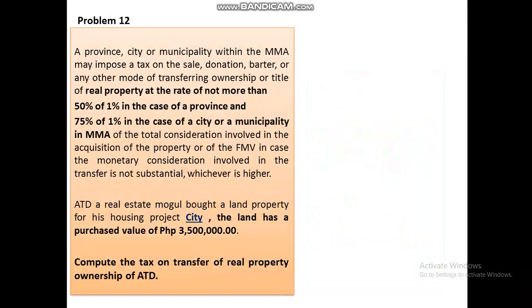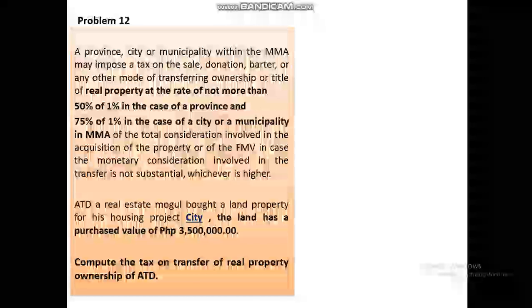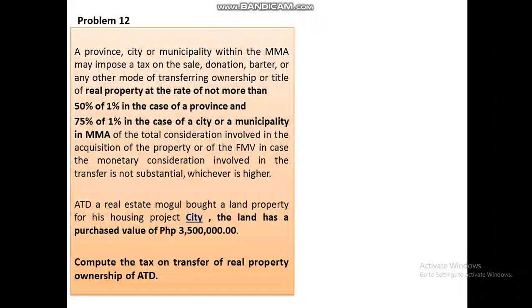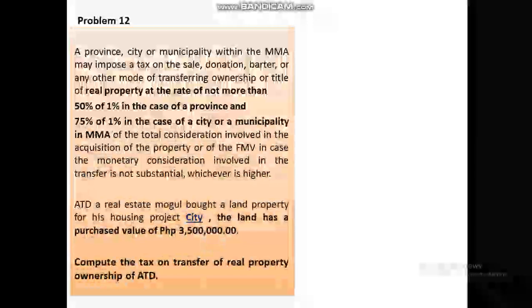Ayan, how about this one? A province or city municipality with MMA may impose a tax on sale, transfer, donation of ownership on the real property. Again, pag province po, 50% of 1%, and city or municipality is 75% of 1%. Paano naman po kung ang land property is in the city, and it has a purchase value of 3,500,000. Let's compute the tax on transfer of real property, the ownership of ATD.